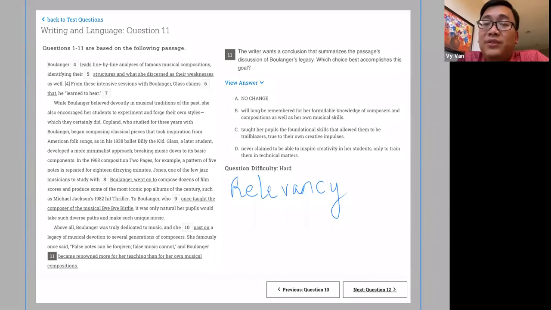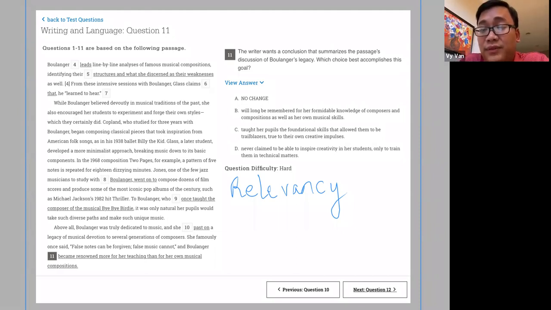If you go back to the entire passage and read it yourself, you see that it's been talking about how she taught. At first, she emphasized that her students have to follow rules, build basic theory and knowledge and skills, listening skills and stuff like that. And then they went on and became very unique and very creative.